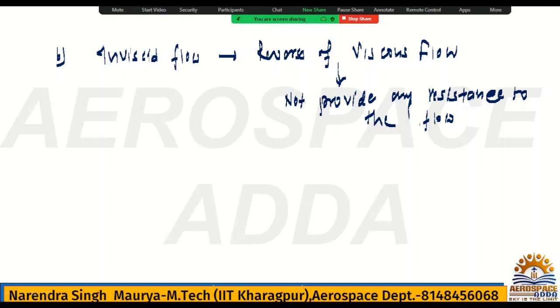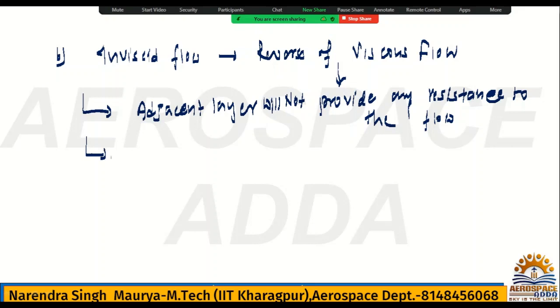But if it is inviscid flow, the adjacent layer will not provide any resistance to the flow, right? And inviscid means dynamic viscosity, because if it is not providing any resistance, viscosity will be zero. Yes or no?